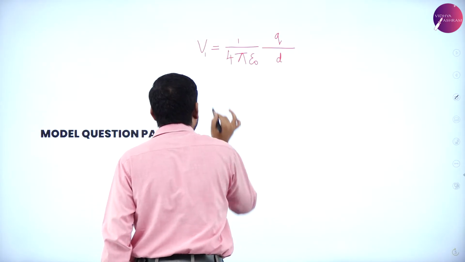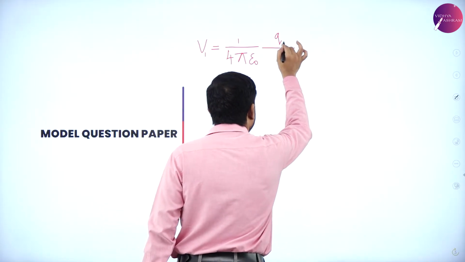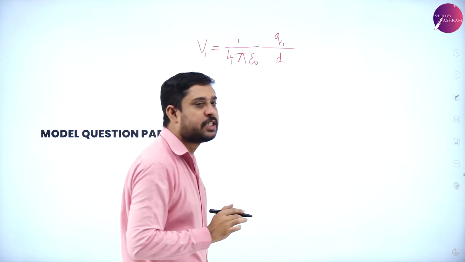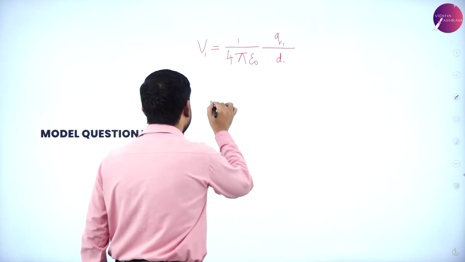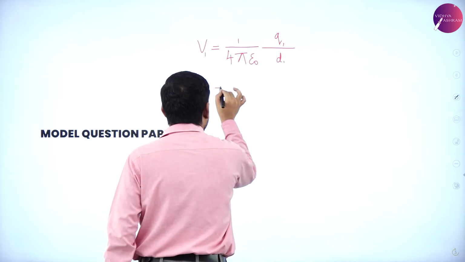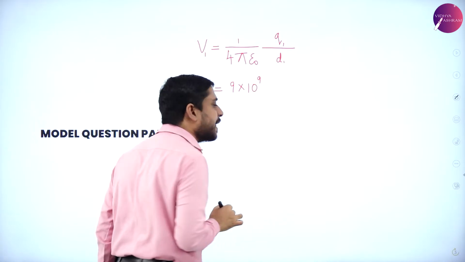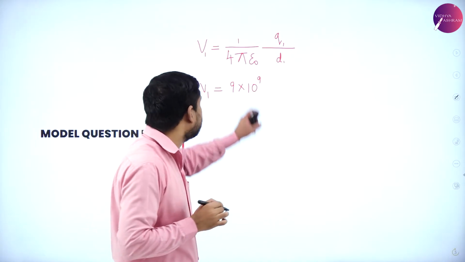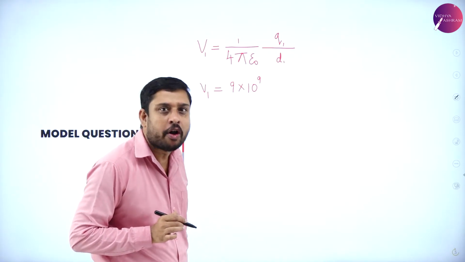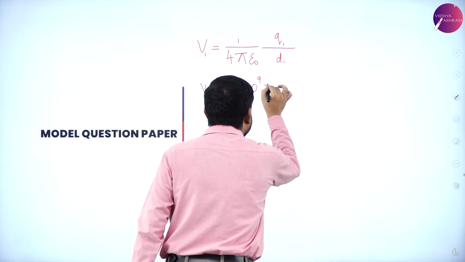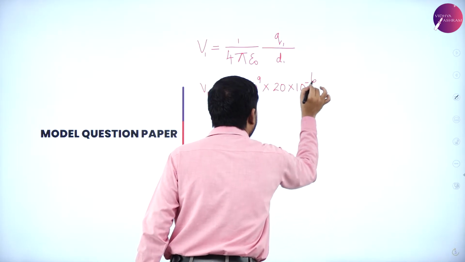Here V1 is the potential, Q1 is the charge, D1 is the distance, which means V1 equals 9 into 10 power 9, which is the magnitude of 1 divided by 4 pi epsilon naught. What is the charge? 20 into 10 power minus 6.